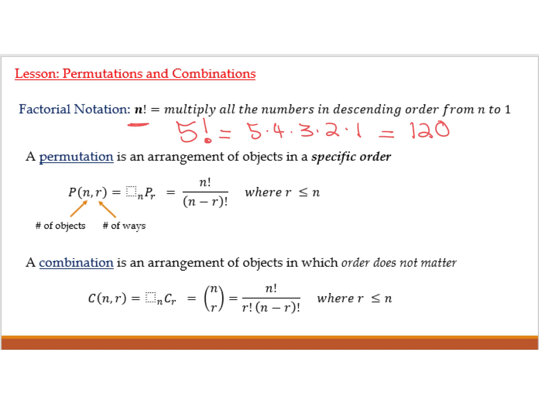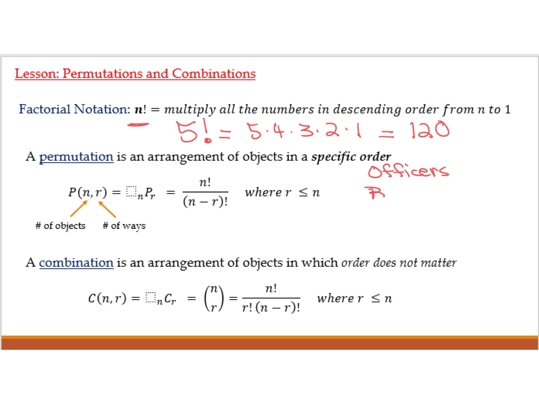We are going to be using factorial notation to determine values of permutations and combinations. A permutation is an arrangement of objects in a specific order. Things that are permutations, if you have offices like president, vice president, secretary, treasurer, those are going to be permutations.